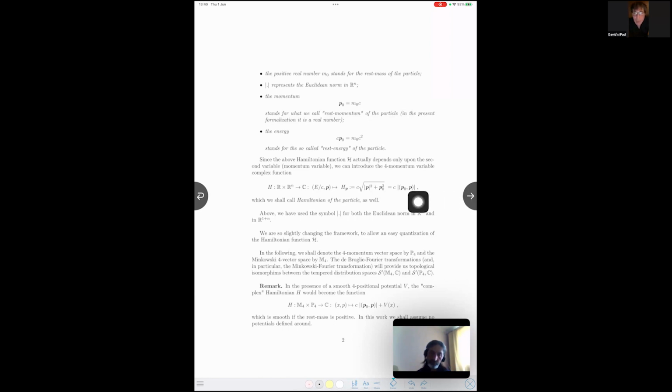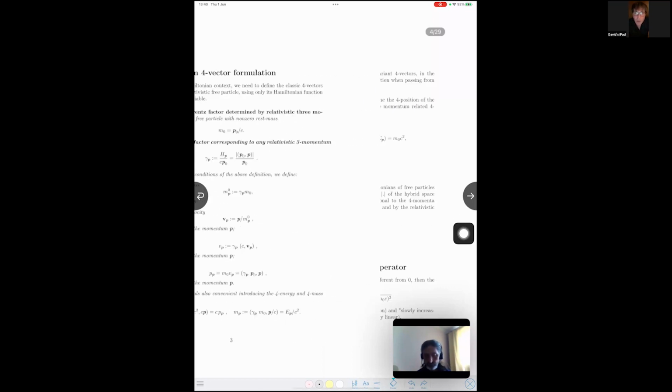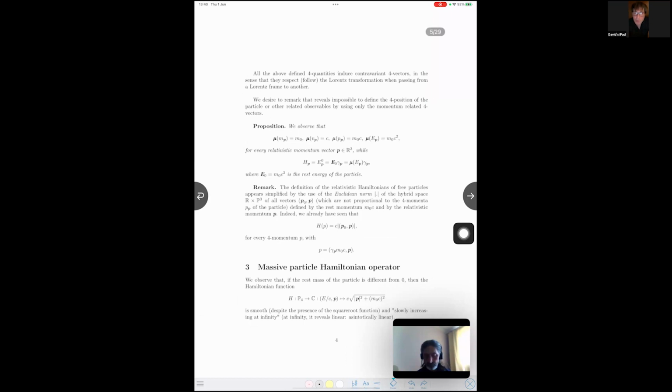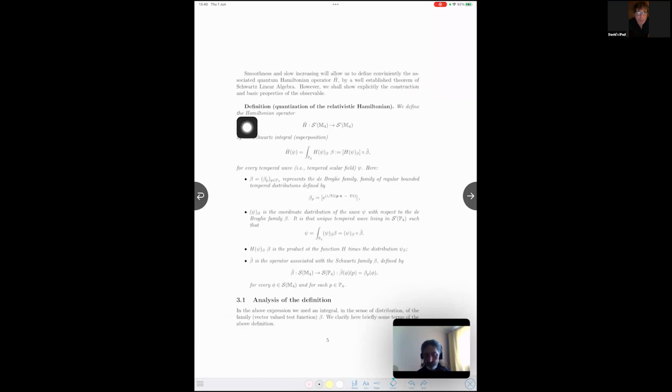So, using this form of the Hamiltonian, we can define the corresponding operator in quantum mechanics, and that is the most important contribution of our paper. This is the definition, quantization of the relativistic Hamiltonian. We define the Hamiltonian operator H hat from S prime M4 into S prime M4 in the following way.